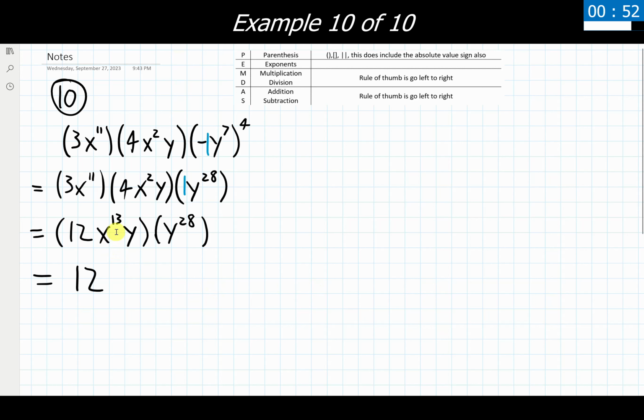I have x to the 13th power, which is not really going to change at all, so that's going to just stay as x to the 13th. And then y to the first power times y to the 28th. That's going to be the product rule, and that's going to give me y to the 29th power. It's my final answer there. So bringing it all together, I have my final answer of 12x to the 13th, y to the 29th power.